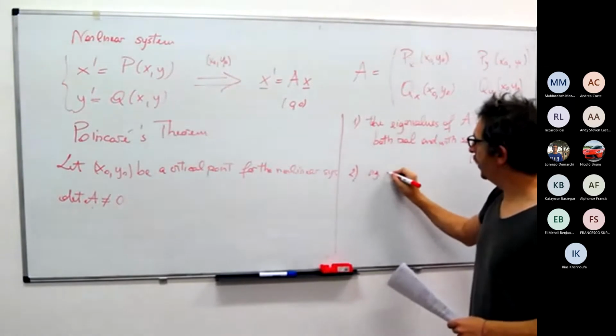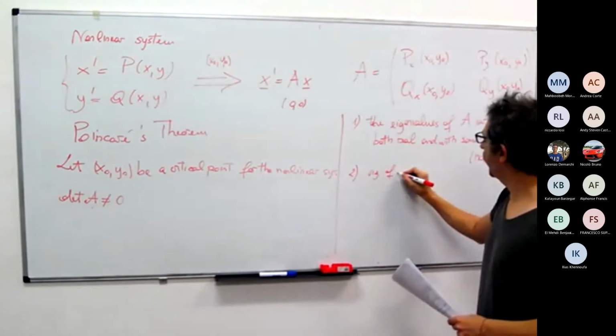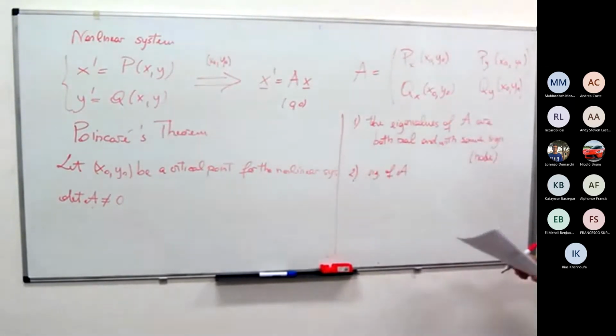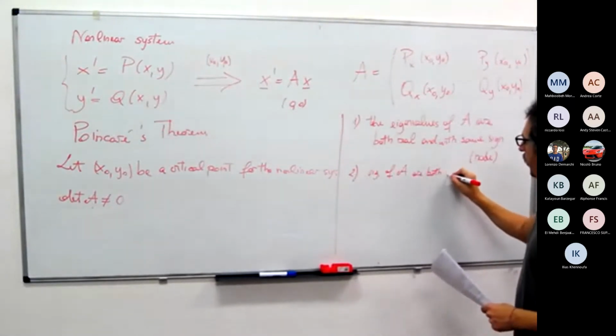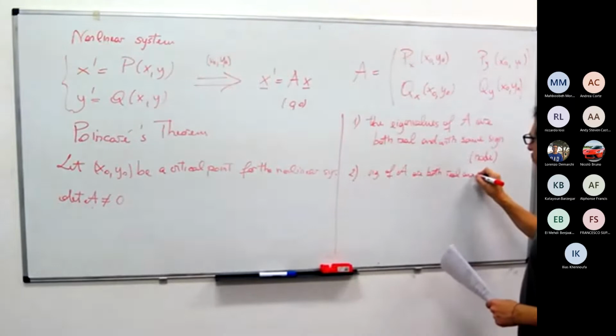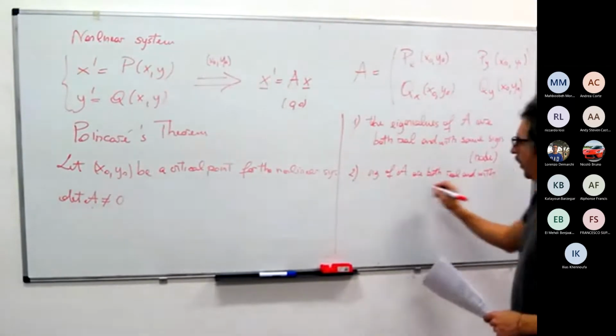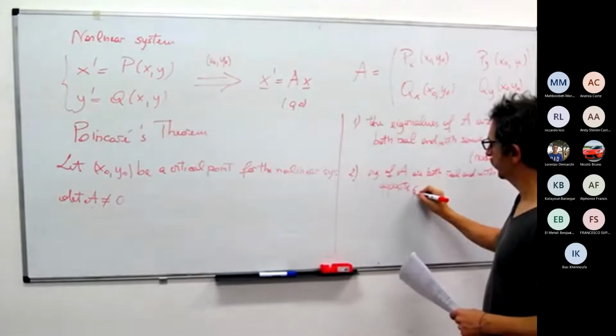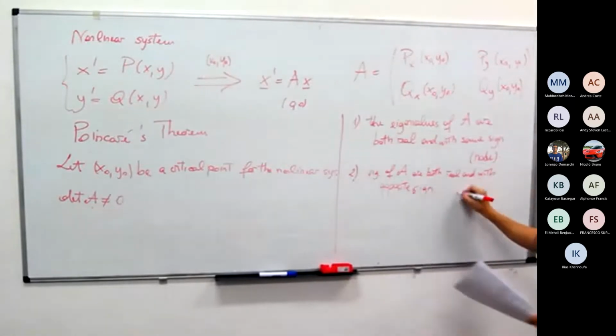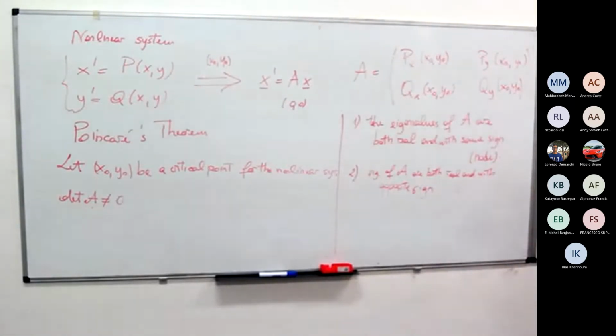Second case: eigenvalues of A are both real and with opposite sign. In this case, as you probably don't remember because we said this a few minutes ago, this is the case of a saddle.